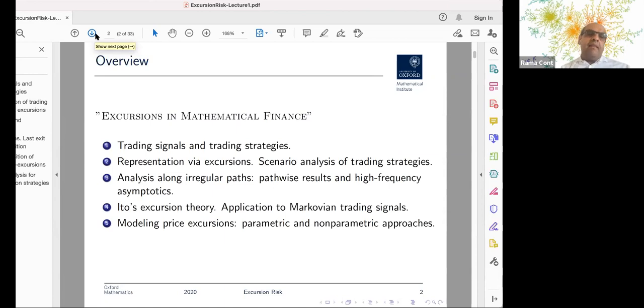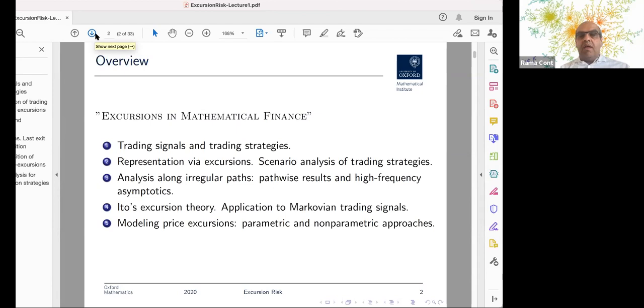And at the end, instead of analyzing trading strategies in existing models, I will suggest how this theory can be used to build new classes of models, which we think are more adapted to the analysis of these applications.